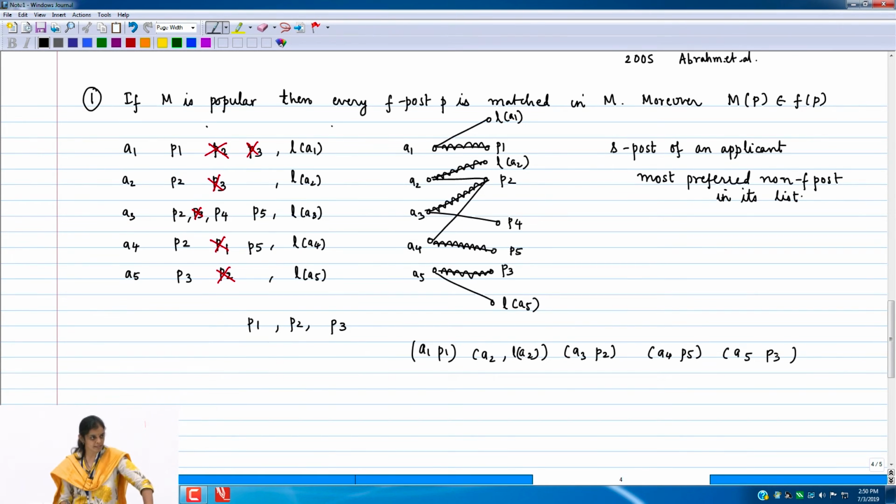This is one matching. And for the other, A1 P1 remains matched the same way, A2 gets matched to P2, A3 gets matched to P4, A4 gets matched to P5 and A5 gets matched to P3. Let us see how these matchings compare in terms of their popularity.